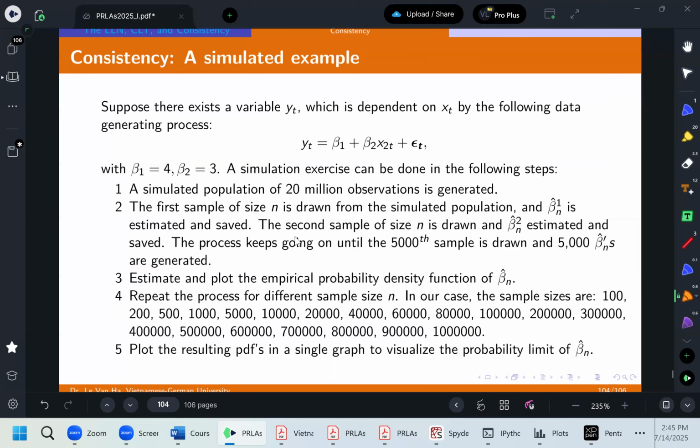Trong đó em lại tăng sample size từ 500 lên 1.000, lặp lại 5.000 lần, rồi graph hai tập hợp 5.000 lần, một cái sample size 500, một cái sample size 1.000, cùng lên một đồ thị để xem sự khác biệt về variance của nó, đúng không? Vậy thì các bước làm sẽ như thế này.